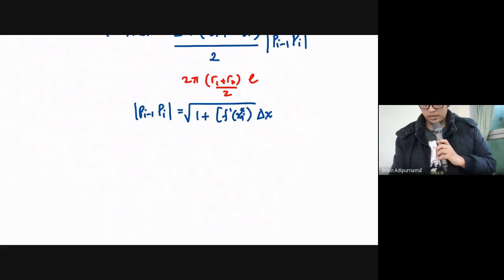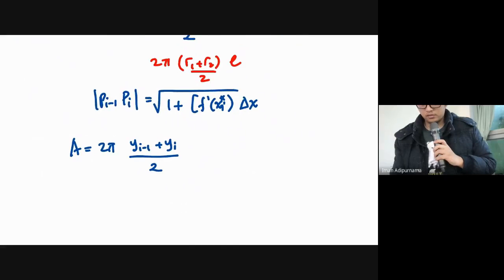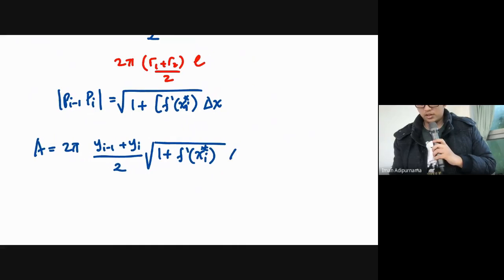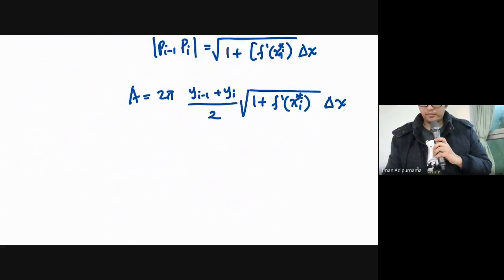So area will be 2 pi, and then delta x. And if we have the limit as n approaches infinity, let's say this is from i equals 1 to n.